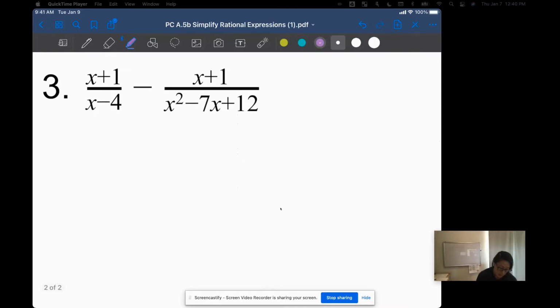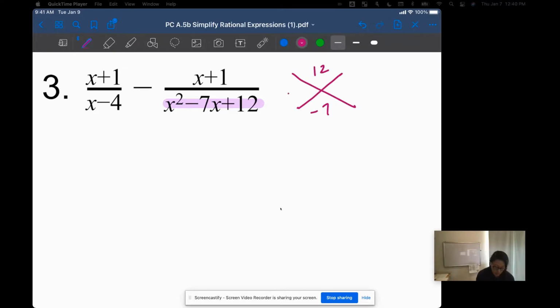I have x plus 1 over x minus 4 minus x plus 1 over x squared minus 7x plus 12. And so first I'm going to take the denominator here and factor it so that I can see what multiplies to give me x squared minus 7x plus 12. So 12 and -7.